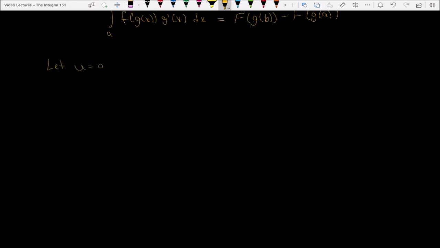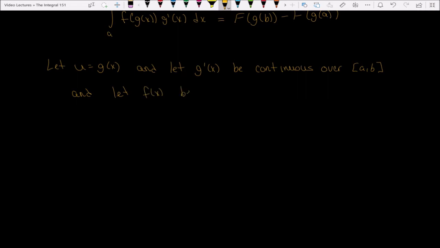Let u equal g of x and let g prime of x be continuous over an interval a to b. And let little f of x be continuous over the range of g of x.